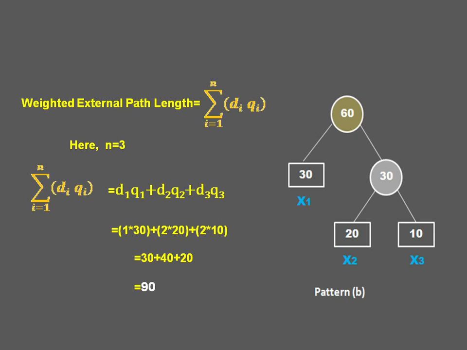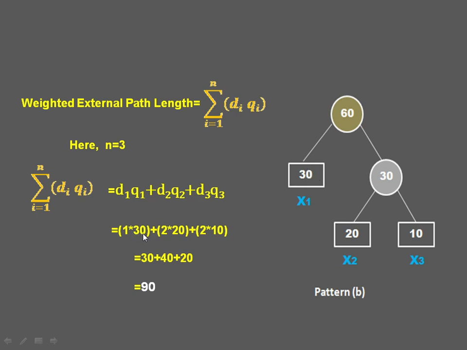Here again we will use the same formula for the weighted external path length. Again n is equal to 3. Now we will put in the values for d1 q1, d2 q2 and d3 q3. The value of d1 will be 1, because its distance from the root node to x1 is 1. 1 into the length of x1, which is 30 records.